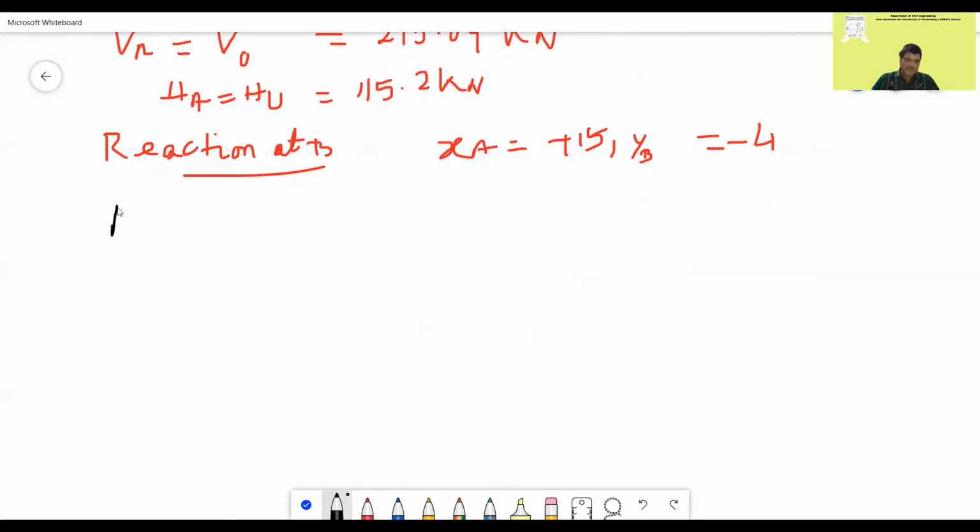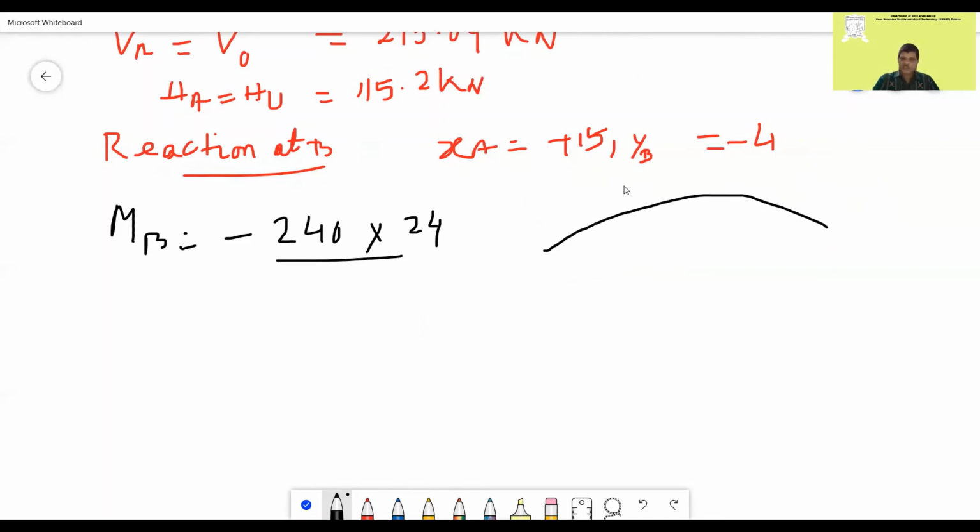Now MB will be equal to minus 240 into 24. This is the moment because you are going from this way. This is 240. So what is the moment due to the load? 240 into this distance.